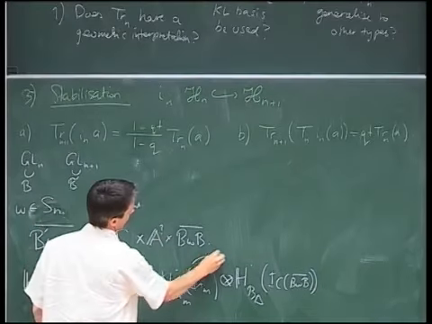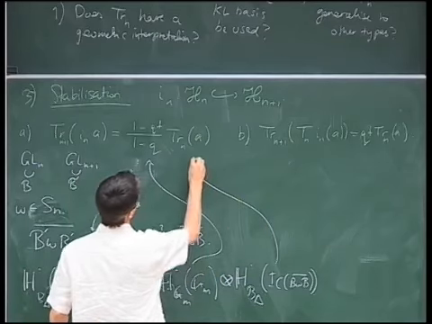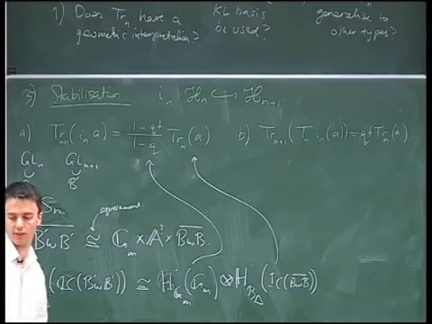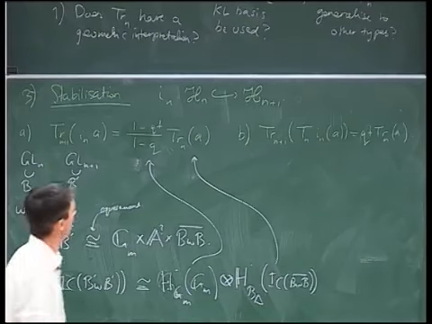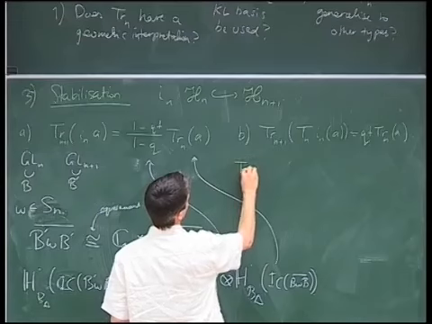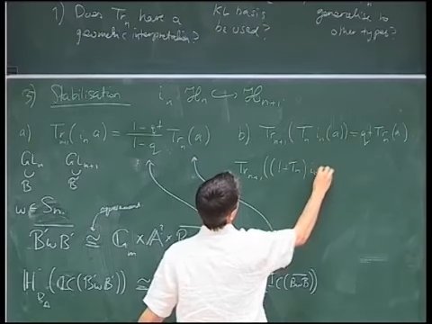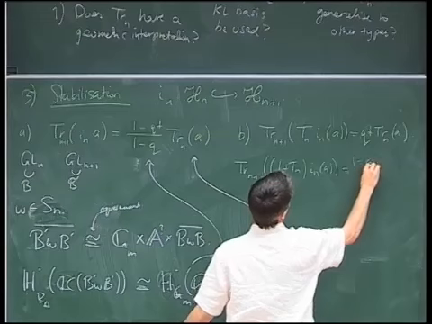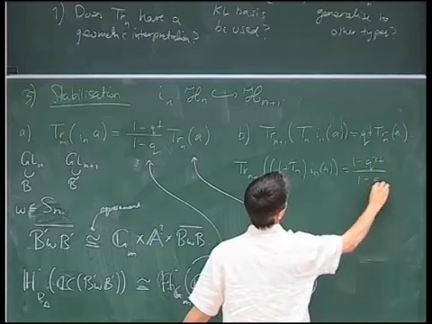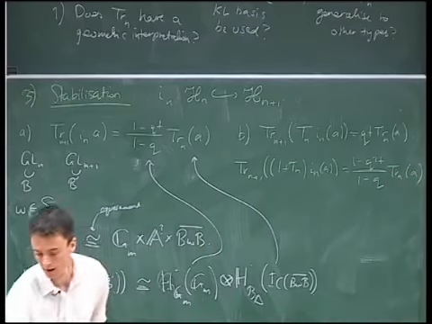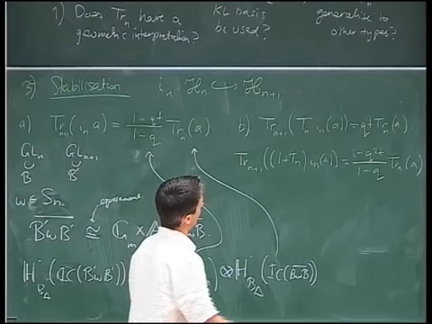And that is exactly giving the factor here, and that's giving the factor here. And this last property is very similar. You can check that. So this is equivalent to Tr_{n+1} of (1 + T_n) I_n of a being (1 - q^2 T) / (1 - q) times Tr_n of a.